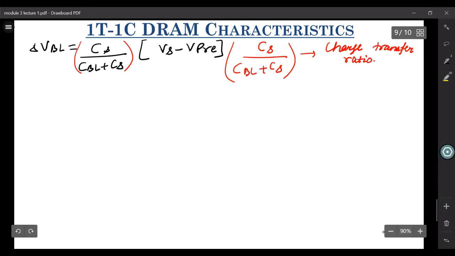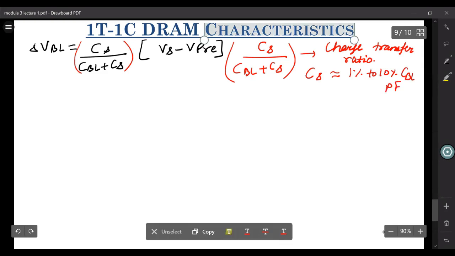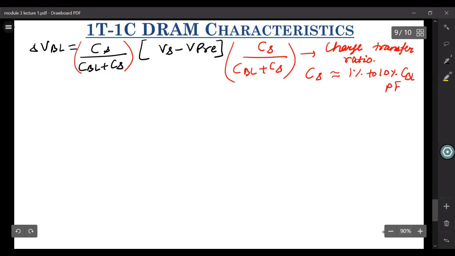In general, you have the value of this Cs as 1% to 10% of your CBL. I told you CBL is a large cap, it's in picofarads.